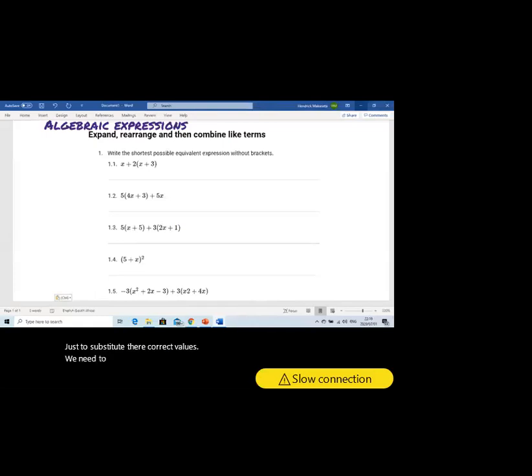By the way, before you substitute, you can even simplify. You can start by simplifying, there's no problem there. Just simplify your expression. Let's simplify the expressions.